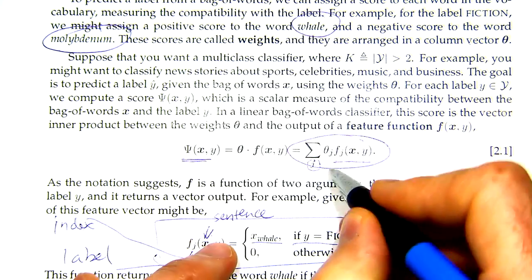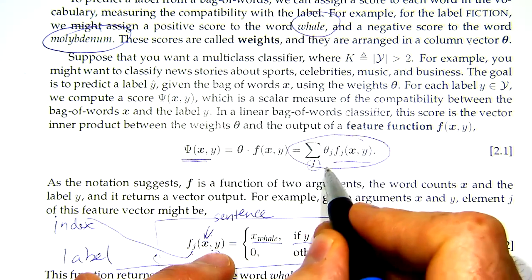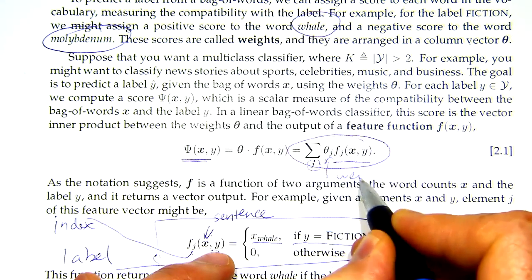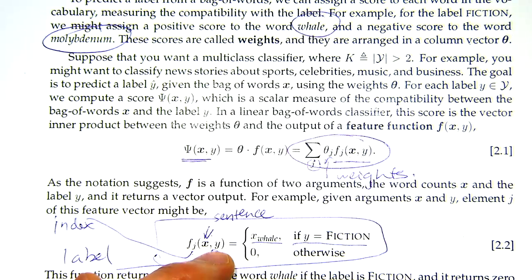So theta are our weights. We're going to have, in this instance, 100,000 weights. These are the learned parameters of our model.